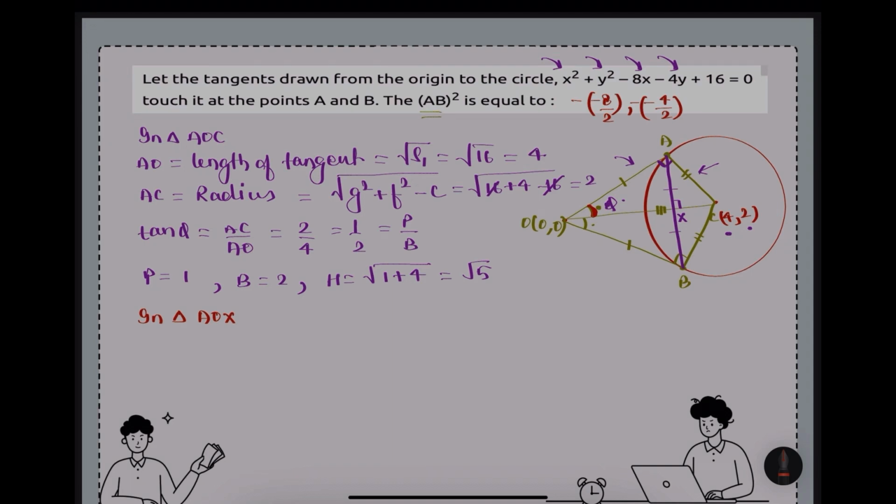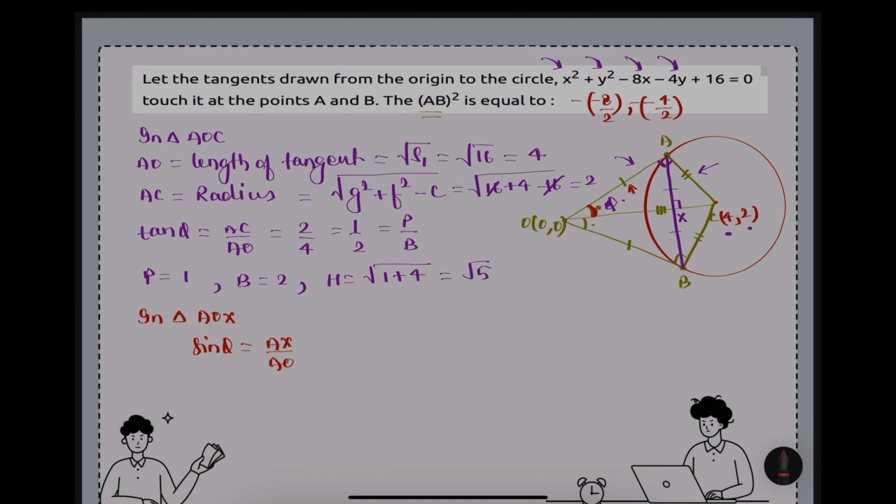You have to do nothing with the base. We have to calculate perpendicular, so we are interested in perpendicular by hypotenuse. So can I go with sine theta? Sine theta is perpendicular AX by hypotenuse AO.